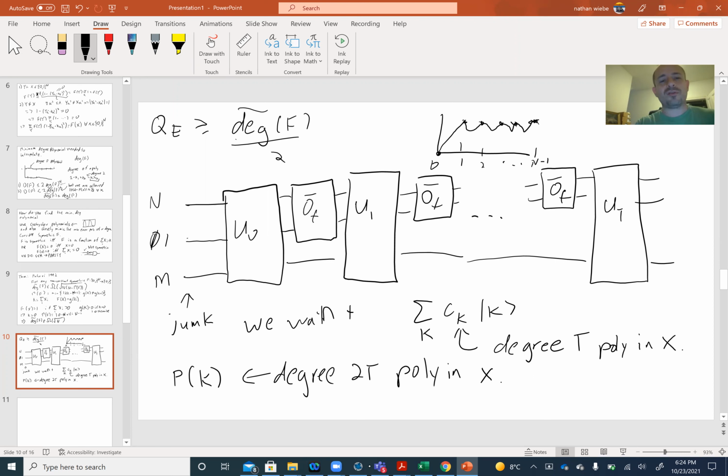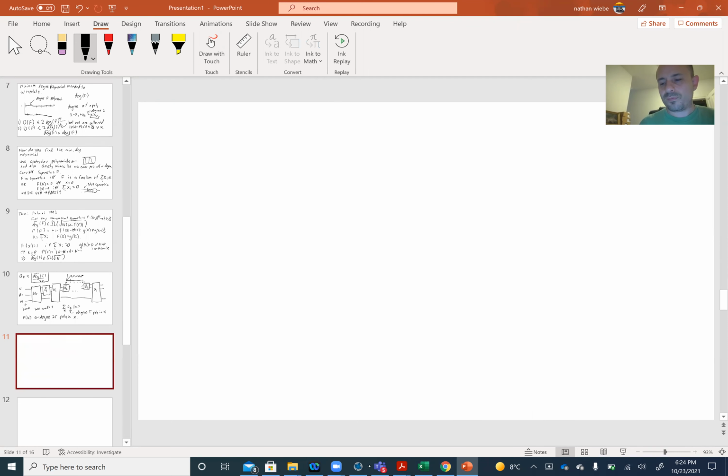So this is what justifies that claim, why it's over 2, because going from a degree t polynomial to a probability distribution ends up giving us a factor of 2 because, well, it's squared, right? And so that's where the 2 comes from over here. The main thing that we need to justify is this claim I made that the c_k's are a degree k polynomial in X. So let's go through and validate that.